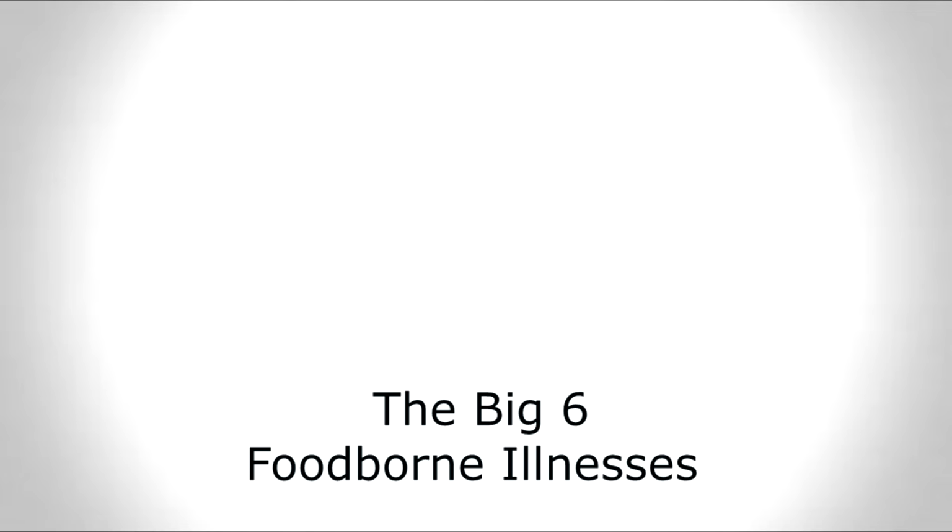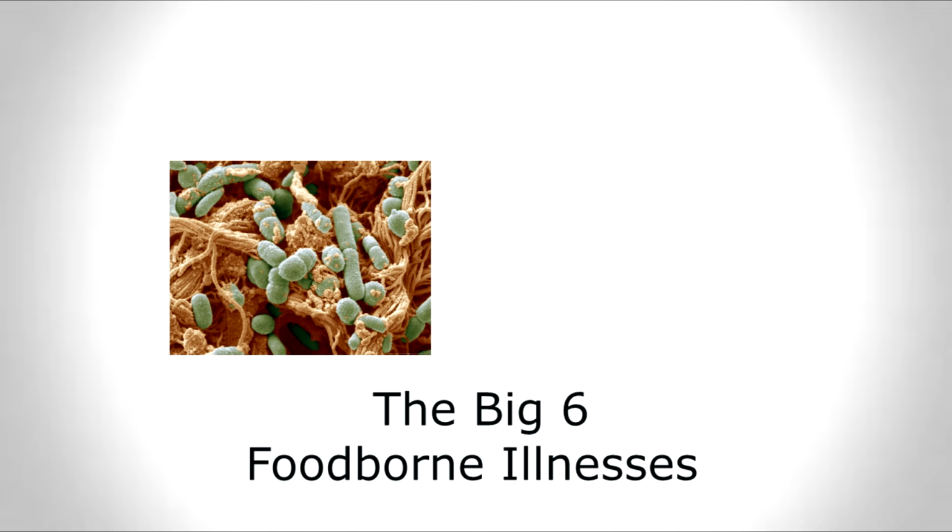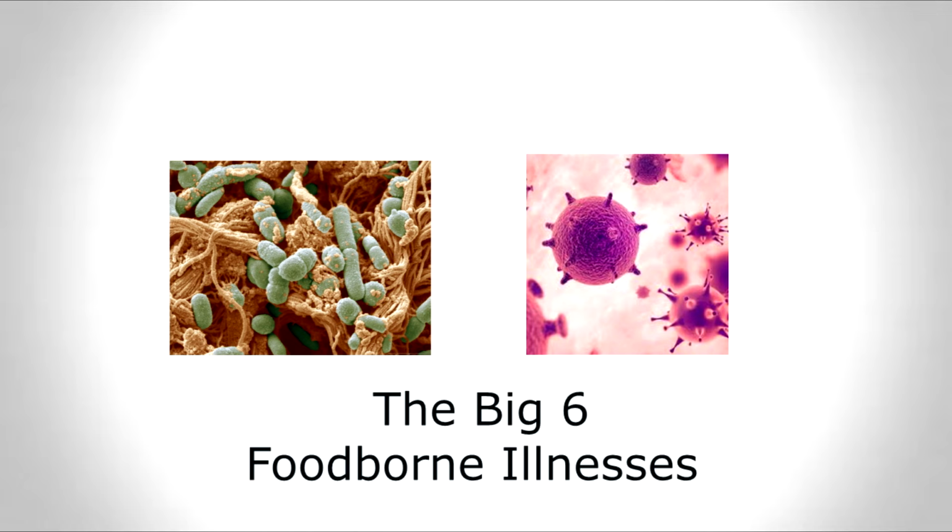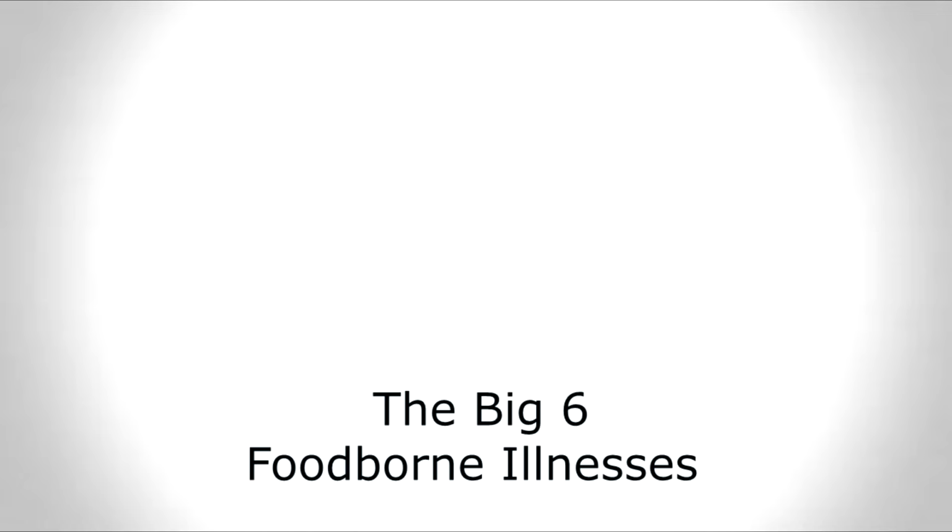There are 6 foodborne illnesses that are required to be reported to the local health department, also known as the regulatory authority. The following illnesses are easily transferable to food and can cause disease with a low infective dose.